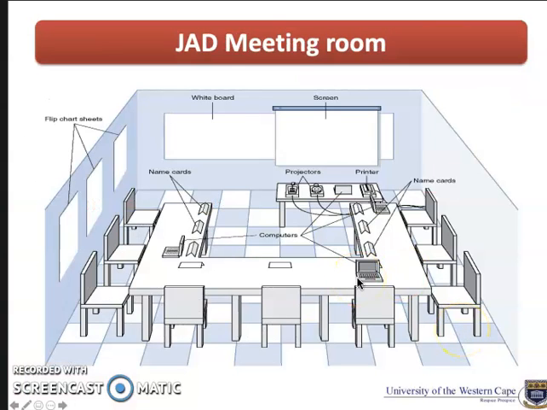The session will need a special room, as you can see over here, with no interruptions, maybe in a serene location off-site somewhere, and the facility should contain resources such as an overhead projector, whiteboard, flip charts, work material, electronic support like laptops, tablets, etc., printers, case tools, which is computer-aided software engineering, because as you are working through eliciting the requirements, the technical support and experts will be developing a prototype of what is being suggested in terms of requirements.